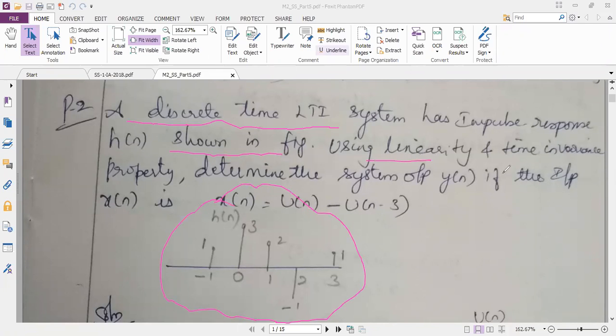Using linearity and time invariance property, determine the system output y of n if the input x of n is u of n minus u of n minus 3. Copy the question along with the diagram and let me know so that we'll start the solution.